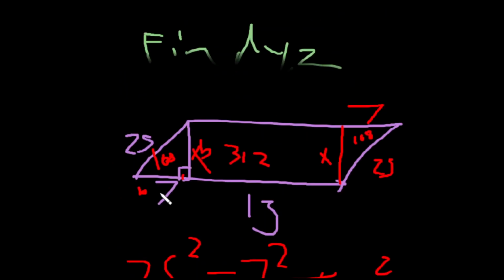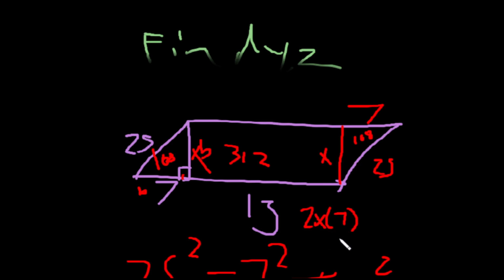We used the bases of triangles. So we used 2 x's times 7. Because look, 2x times 7 over 2, plus 2x.